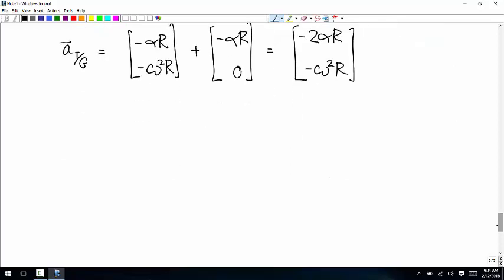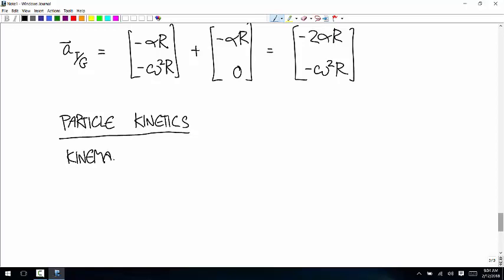Okay, so now we're done with particle kinematics. Now we're going on to particle kinetics. Those words are pretty similar. Kinematics, with the extra ma in it, means you're just describing the motion.